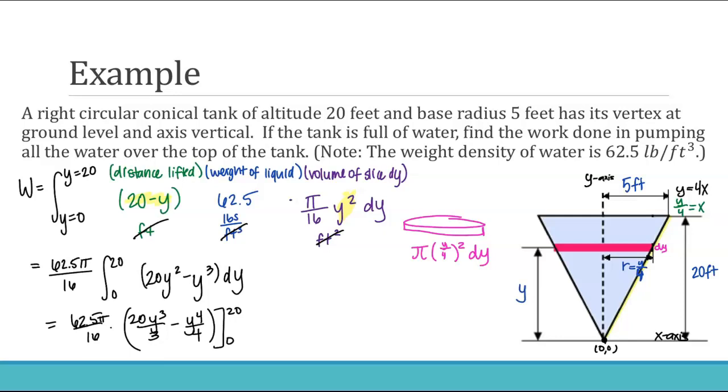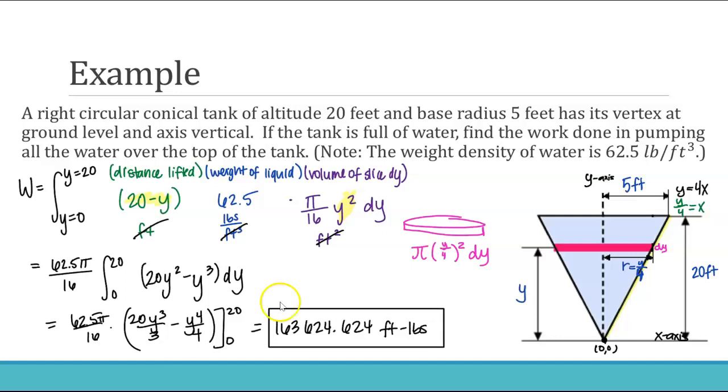And of course we're going to plug in 20 into both of those y's. Plugging in 0 is going to just make those terms go away, and so the overall answer here ends up being, here I did go ahead and multiply in the pi to arrive at 163,624.624, and then we would have foot-pounds as our units.